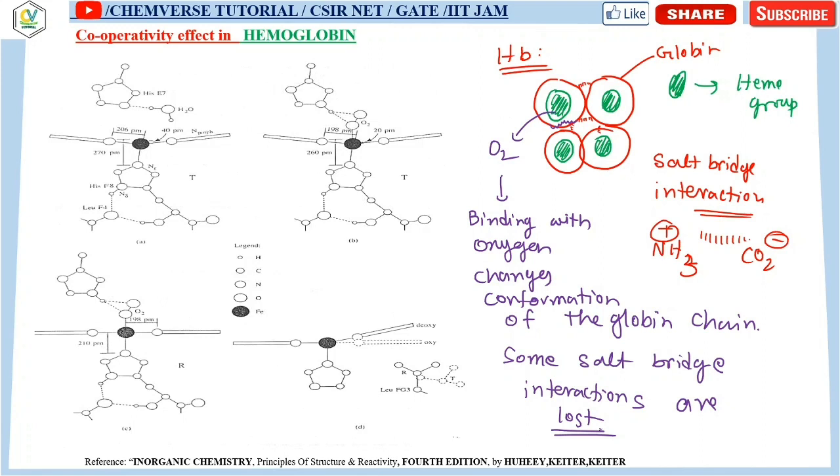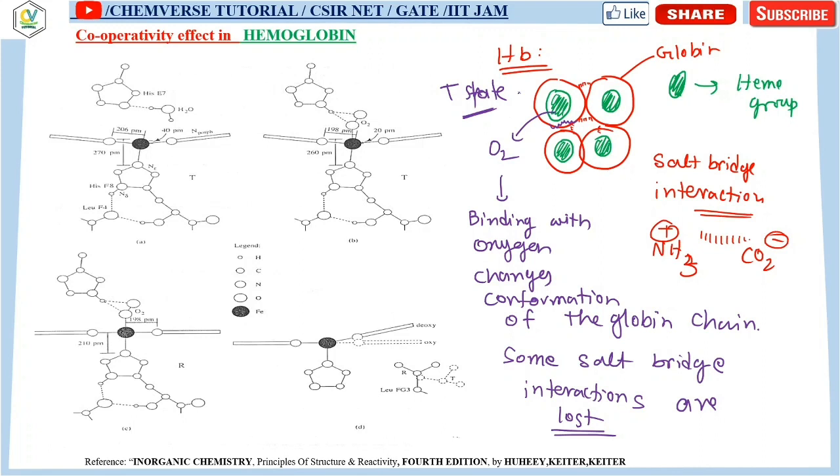Now although salt bridge interaction stabilizes the tetramer, this tetramer was initially present in a T state. So initially it was in T state, because this salt bridge interaction although stabilizes the tetramer, but to some extent strain in the molecule happens.